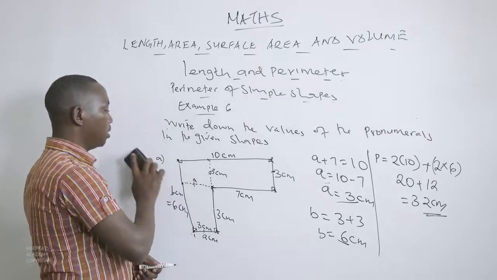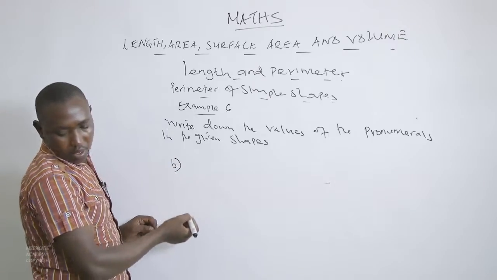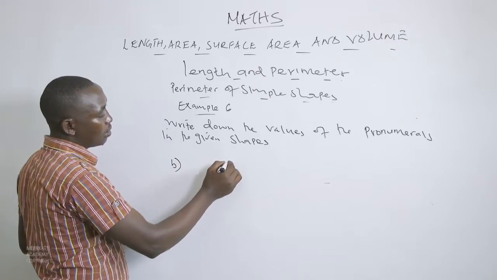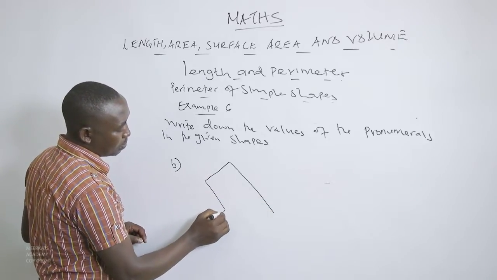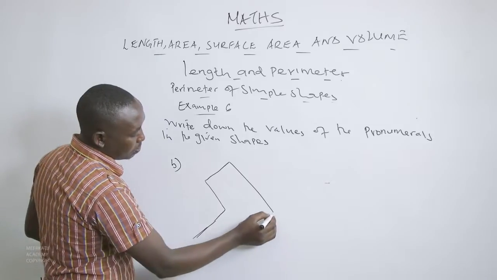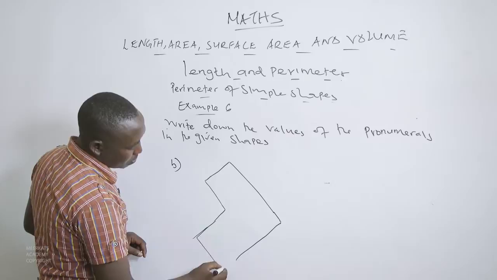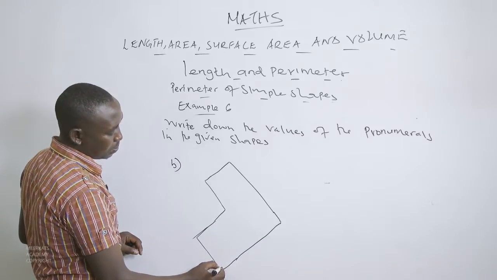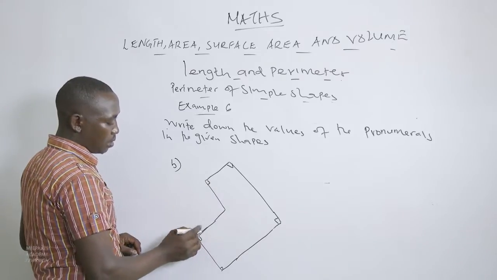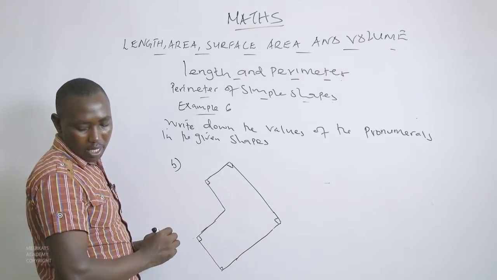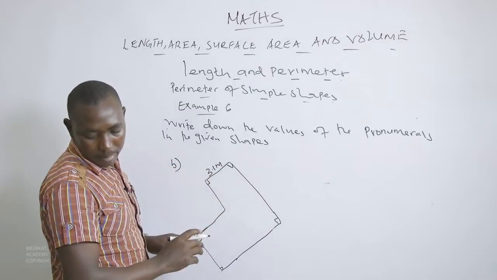Part B of the question. Part B, we have a figure, and again, all these angles are 90. We are told that this is 3.1 meters.